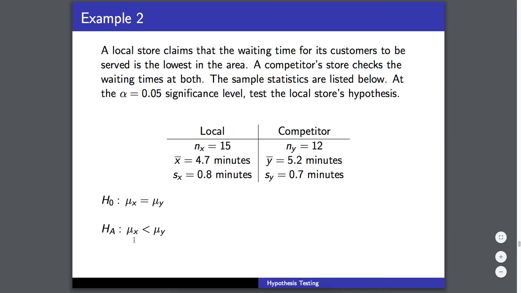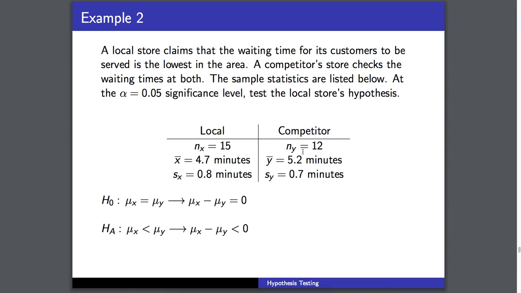That means the mean of the local, which we'll call X, is less than the mean of the competitor, which we'll call Y. So for our null hypothesis, the difference is 0. For our alternative hypothesis, if we subtract the mean of Y from both sides, we get the difference is less than 0. So this is a left-tailed test. We have the mean of the first less than the mean of the second, so the mean of the local company is less than the mean of the competitor.